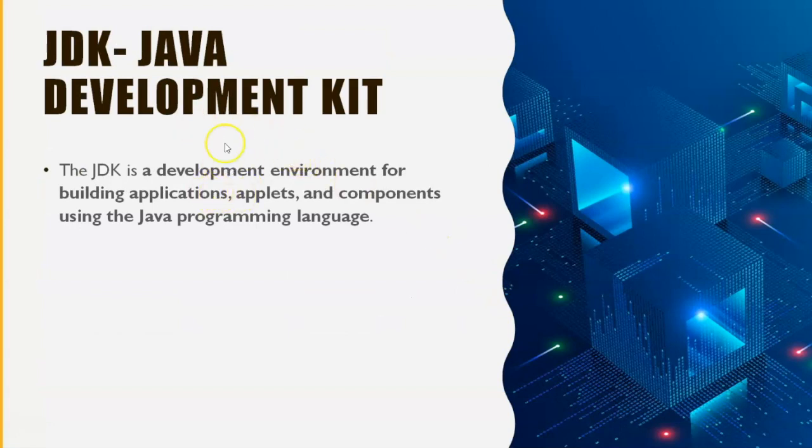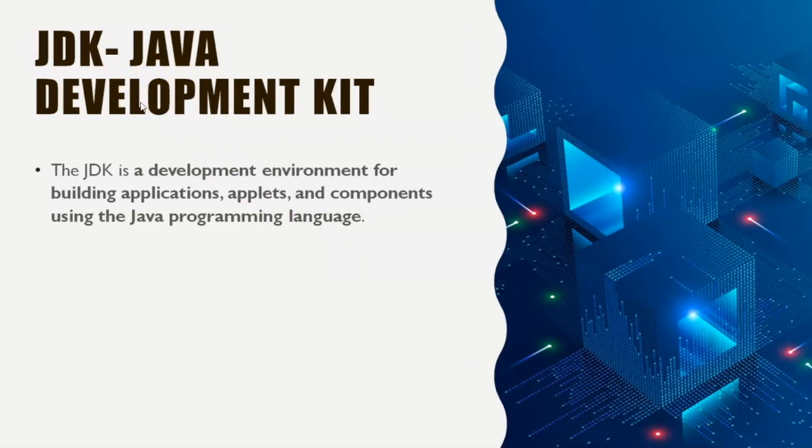Now let's understand the JDK. What is the JDK? JDK stands for Java Development Kit. This JDK helps to build our application with the help of programming. To understand the JDK, let's see one example here.